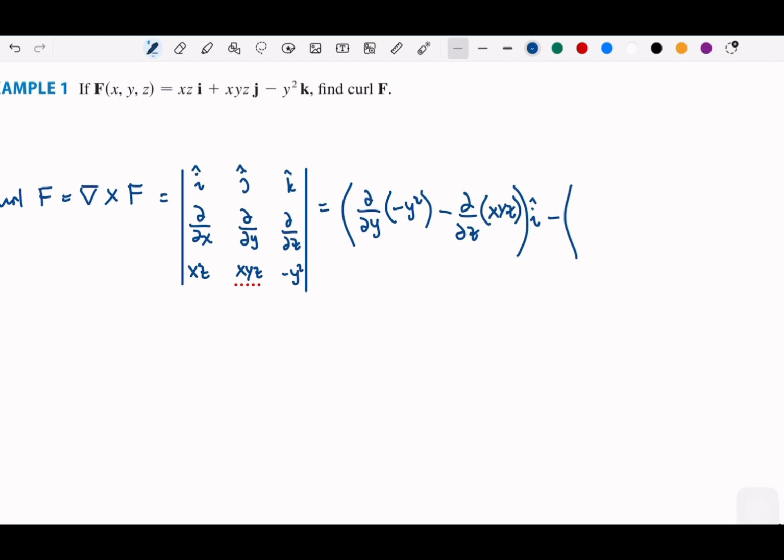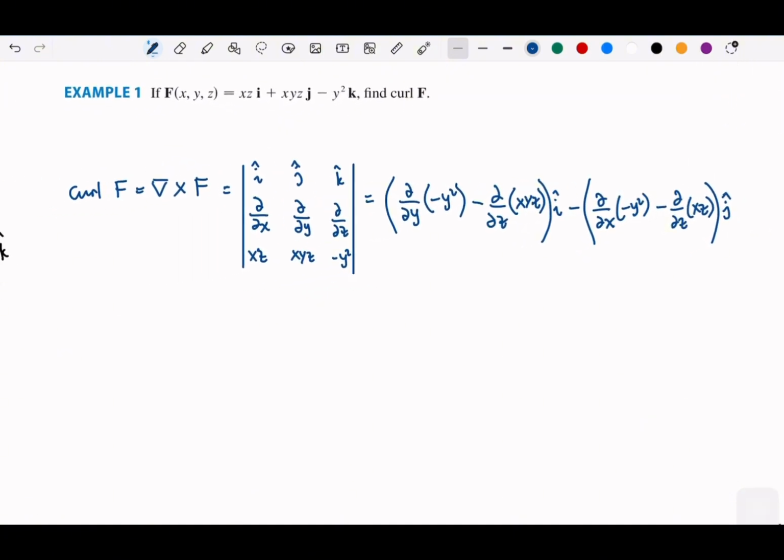So j will be the dou x of negative y squared. I think this will be 0. And then minus dou z of the xz. I will just keep that as a minus here because we don't really care much. At least if we could determine it, then it's good.